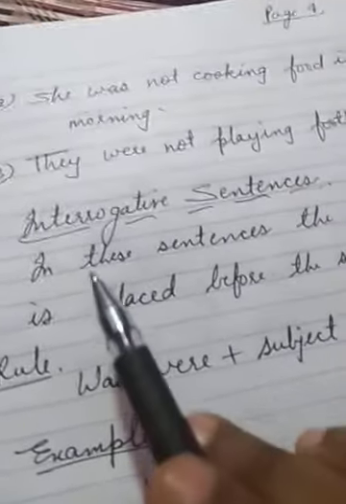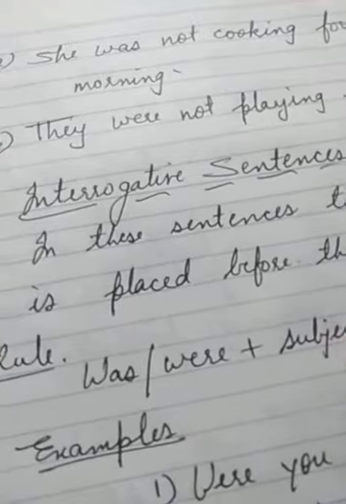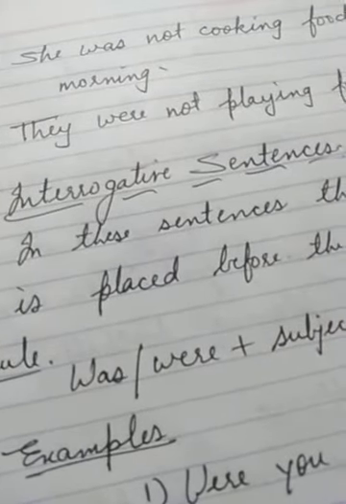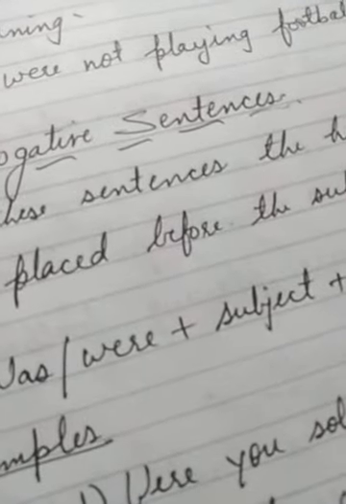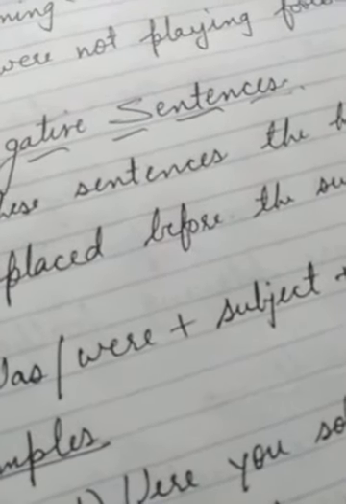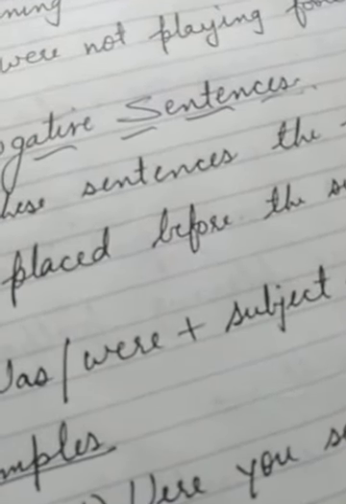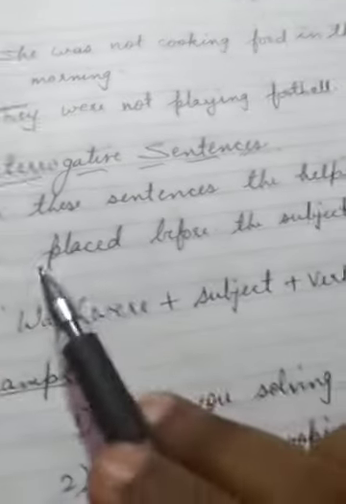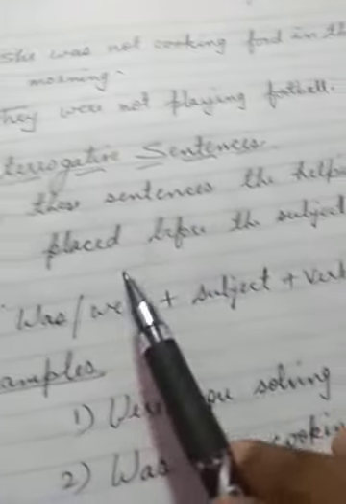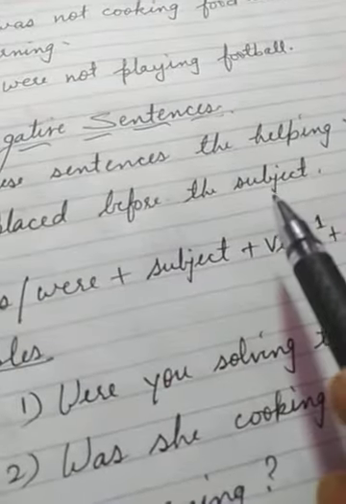Now we are going to discuss interrogative sentences. So everyone knows what interrogative sentences are. It means sentences which ask questions and end with the question mark. In these sentences, the helping verb is placed before the subject.